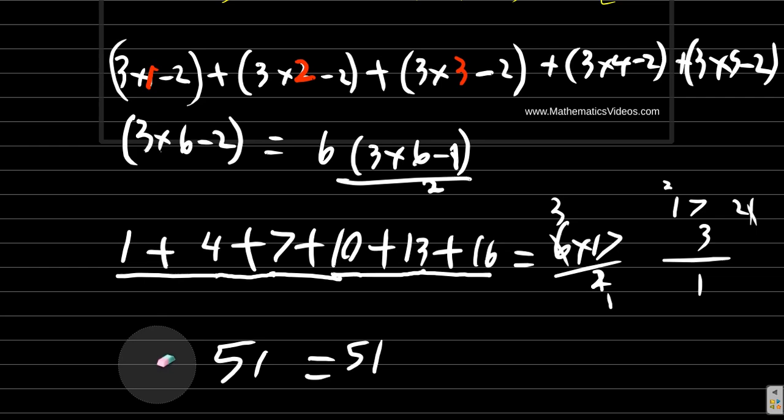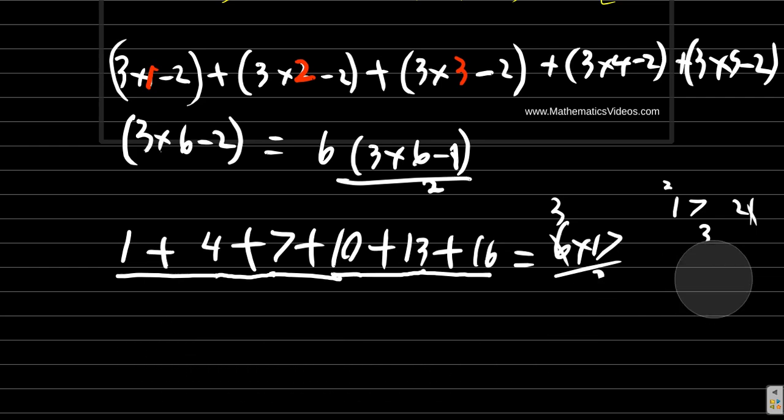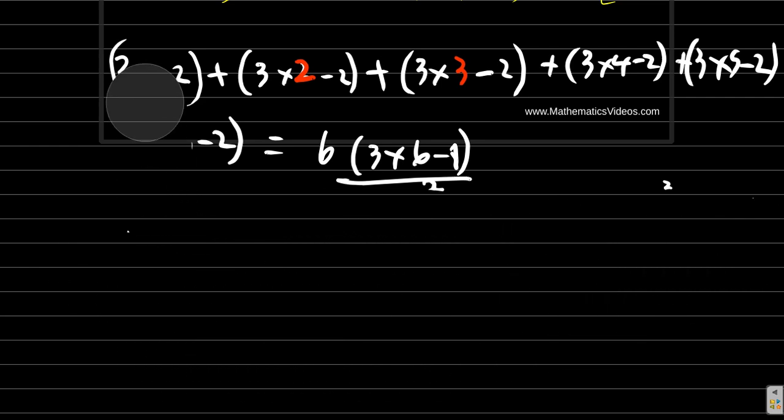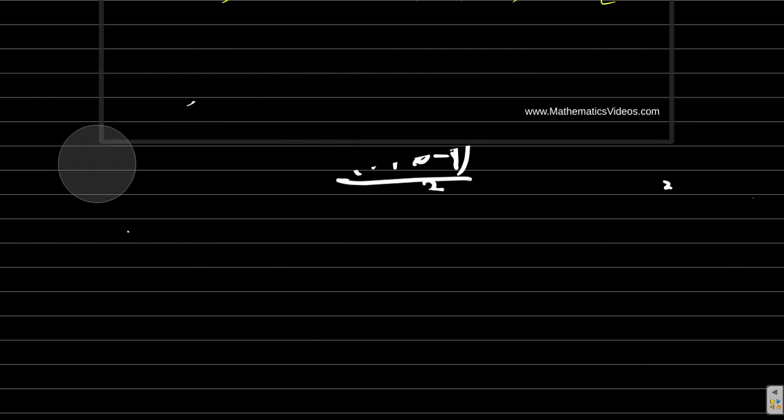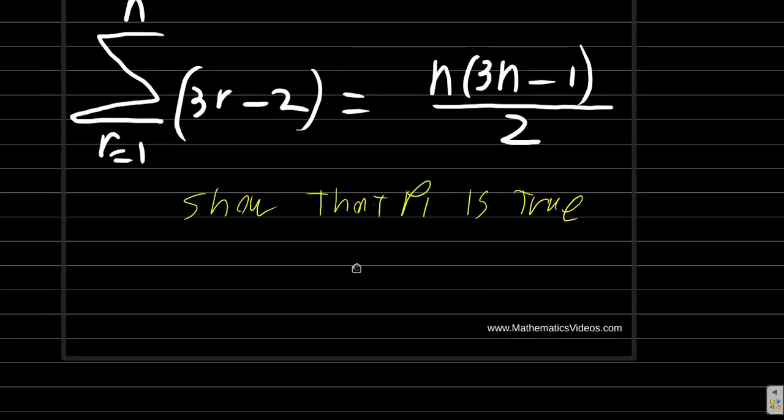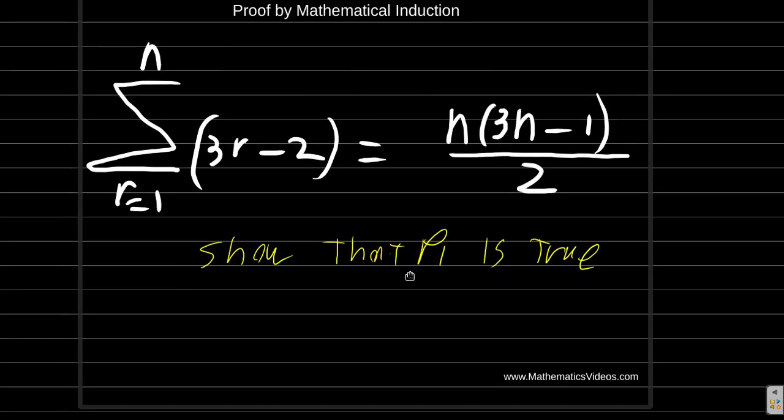So r keeps changing. Now, suppose we prove that P6 is true. Then the question is, what about P5, the one before it? And what about P7, the one after it?